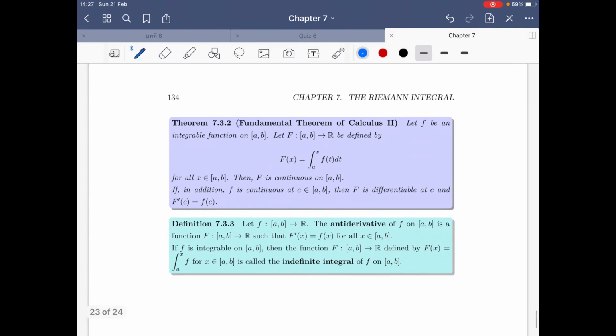So next, let us talk about the fundamental theorem of calculus, the second version.